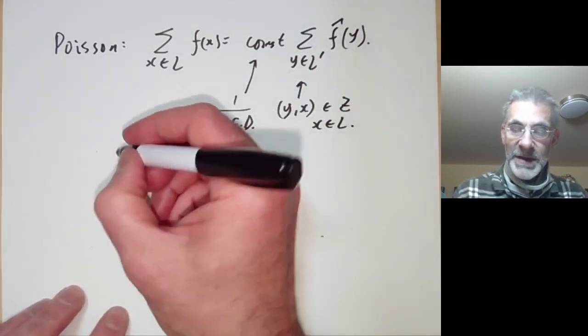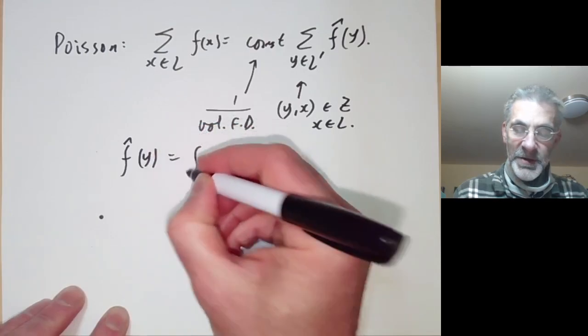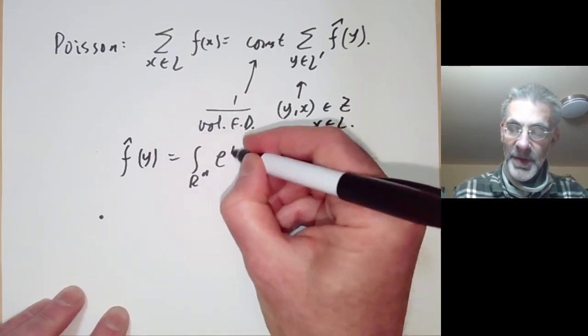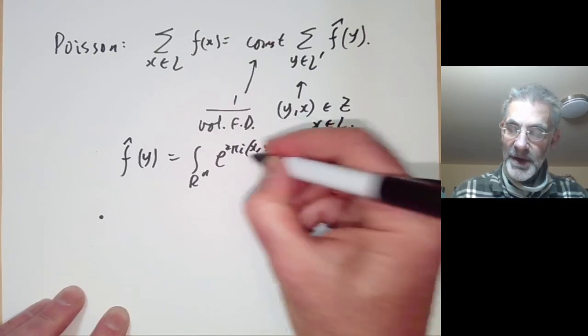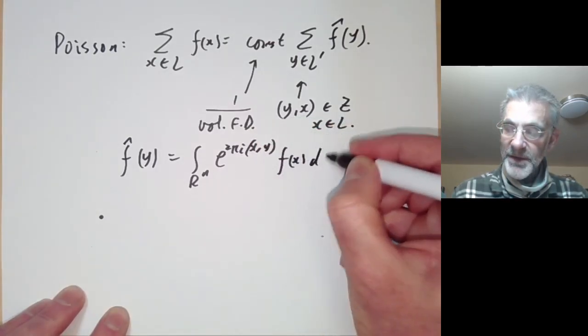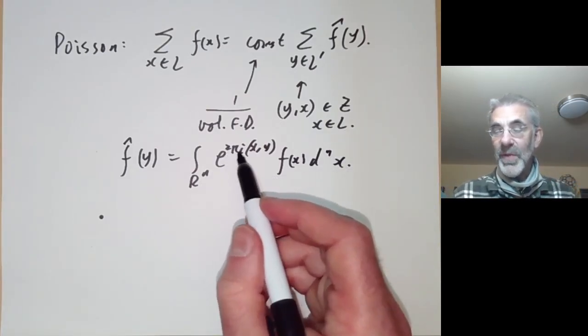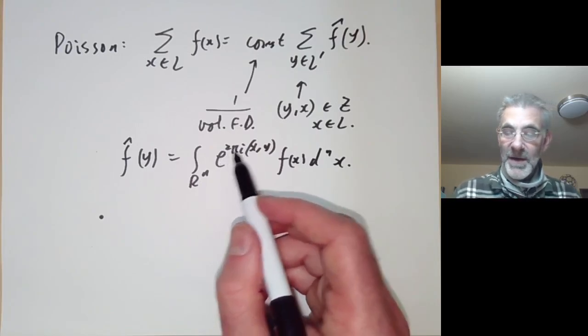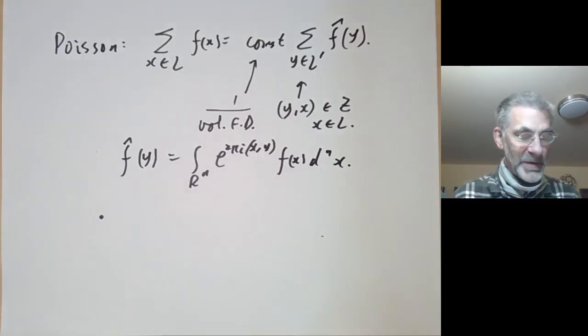And the Fourier transform is, of course, defined. The Fourier transform at y is just the integral over R^n of e to the 2 pi i times the inner product of x and y times f of x dx. As usual, you have to remember to put the pi's in the exponent rather than in front of the integral sign in order to get neat results.